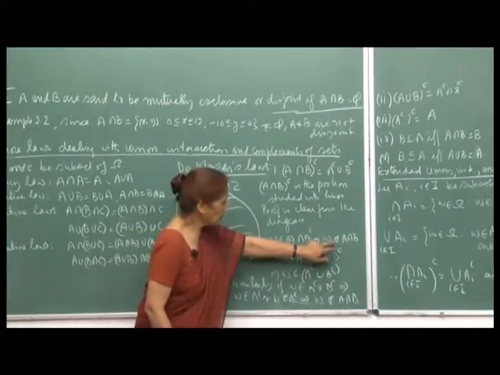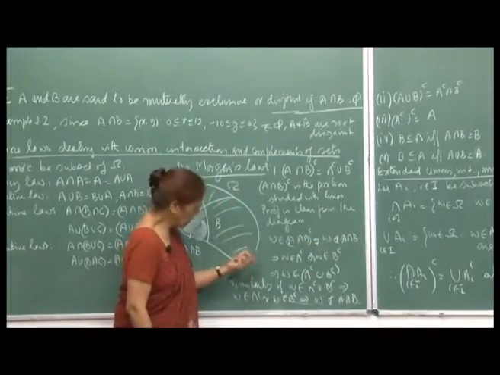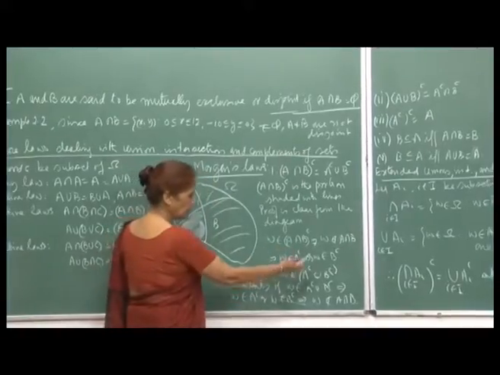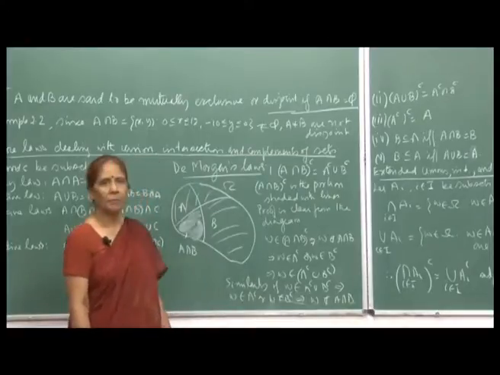If we do not want omega to belong to both A and B, then it must belong to either A complement or B complement, which implies by our definition of union that omega must belong to A complement union B complement.